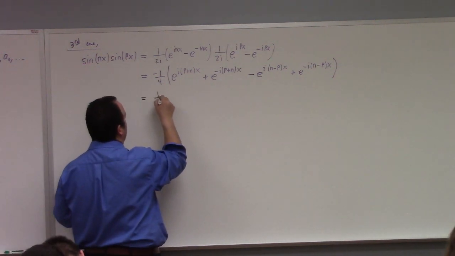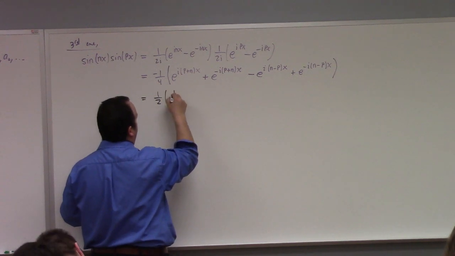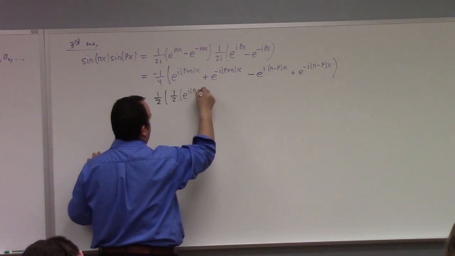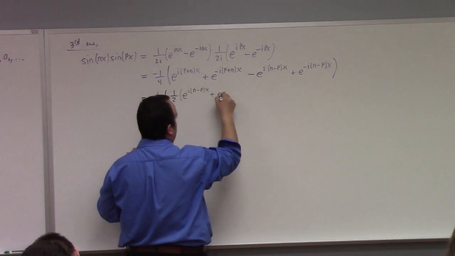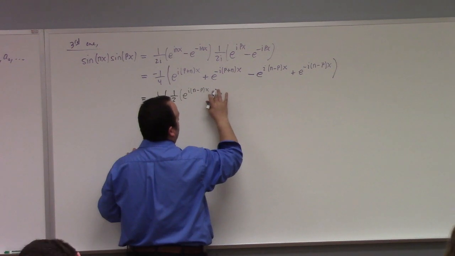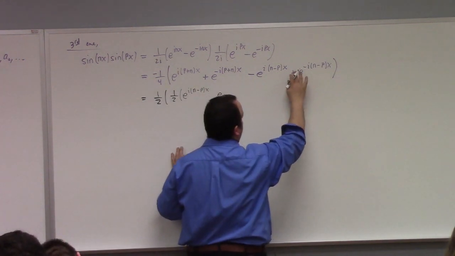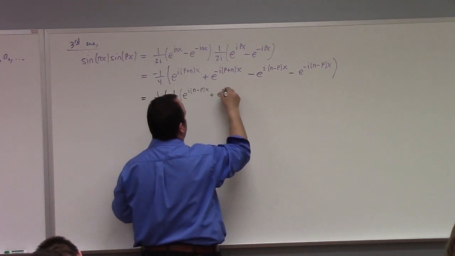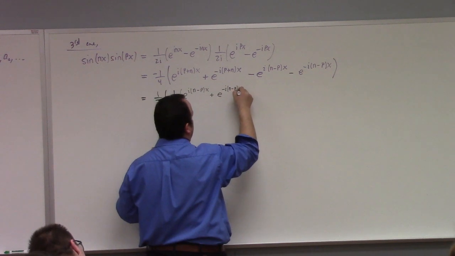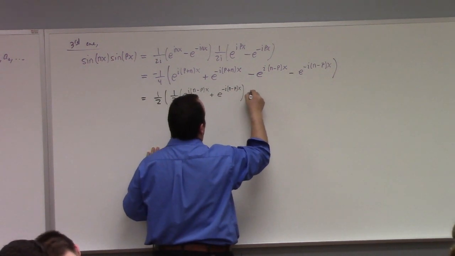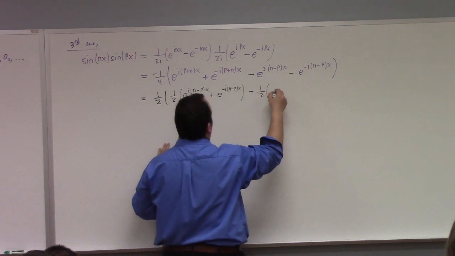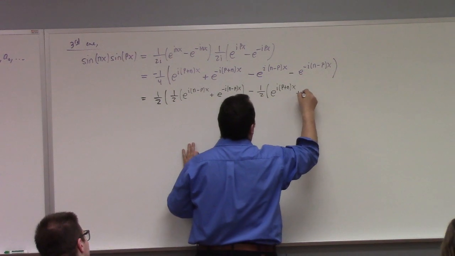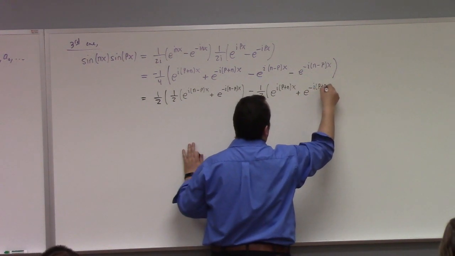I mean, this is 1/2 of 1/2 e to the i n minus p x, plus, oh, these are both minuses, I'm sorry, both minuses here, right? Plus e to the minus i times n minus p, x, minus 1/2 e to the i p plus n, x, plus e to the minus i times p plus n, x.